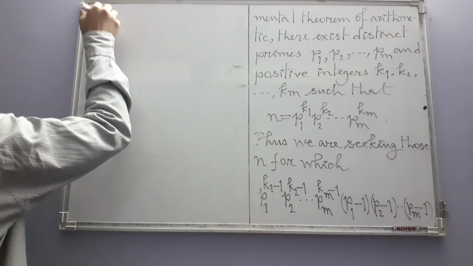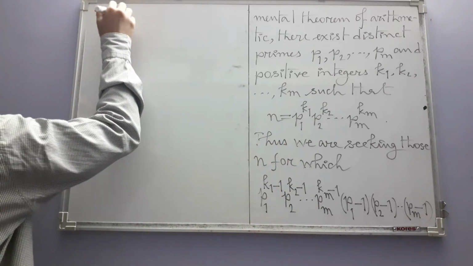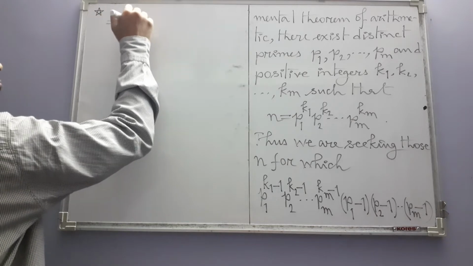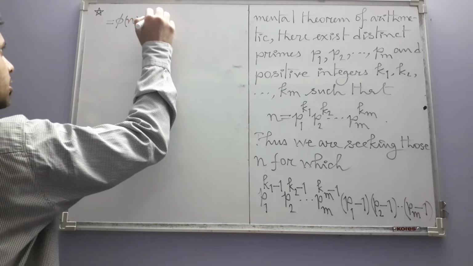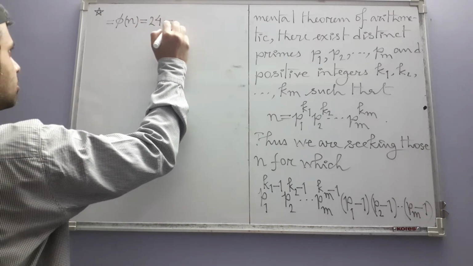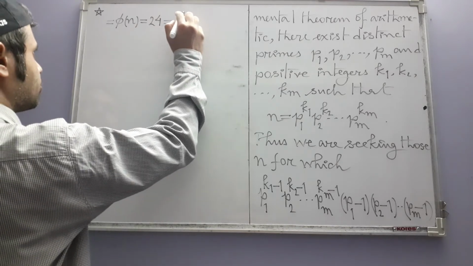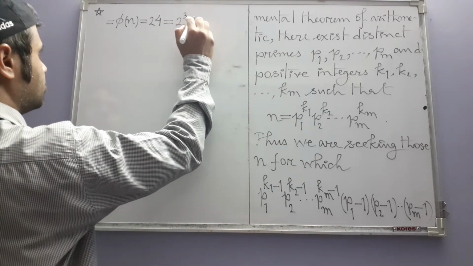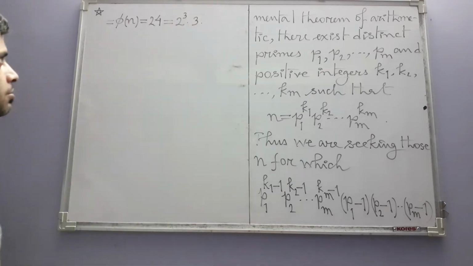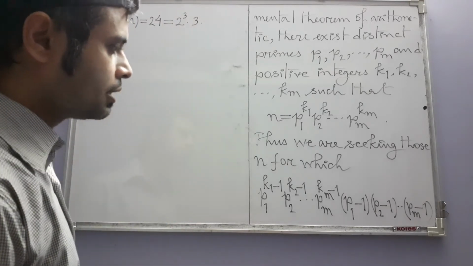And this is equal to 24. Let us also write the prime factorization for 24. This is 2 cube times 3.